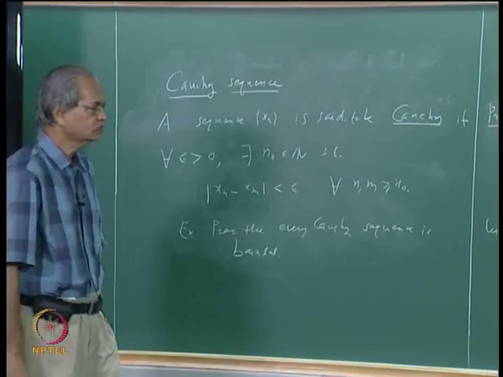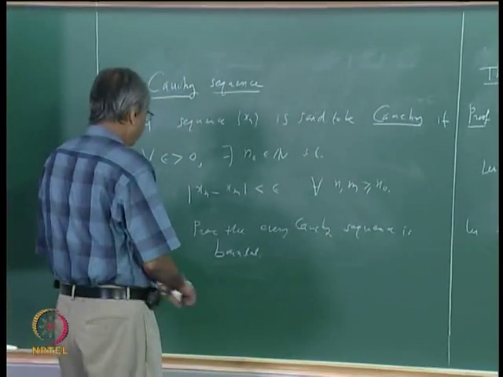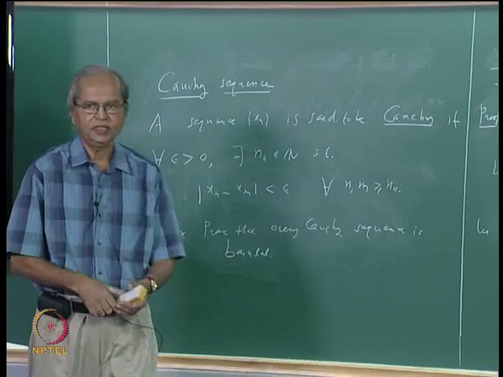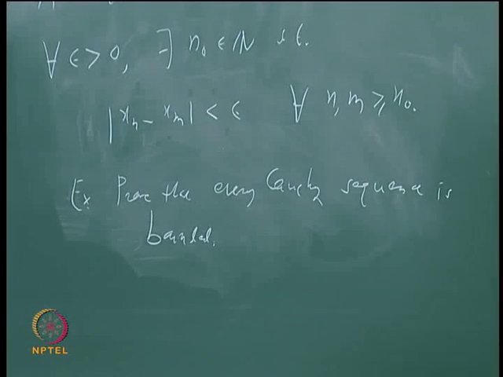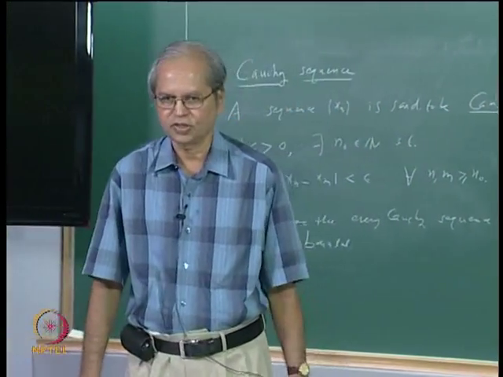Then once we know that a Cauchy sequence is bounded, it has a convergent subsequence. And one can show that if a Cauchy sequence has a convergent subsequence, then the sequence itself converges.